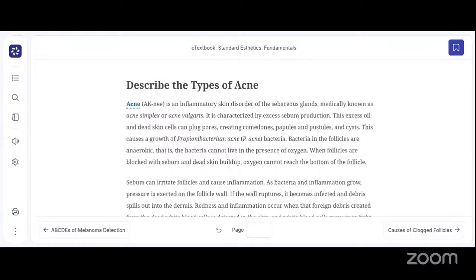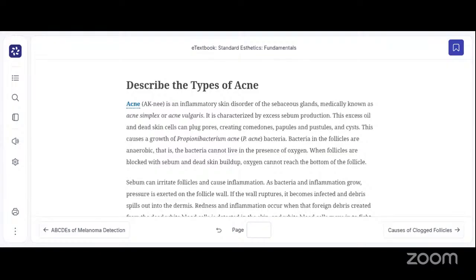We know what it should look like. Whenever there's a deficiency within the oil glands or the sweat glands, you may find something related to acne. But let me clear some things up. Just make it real simple.